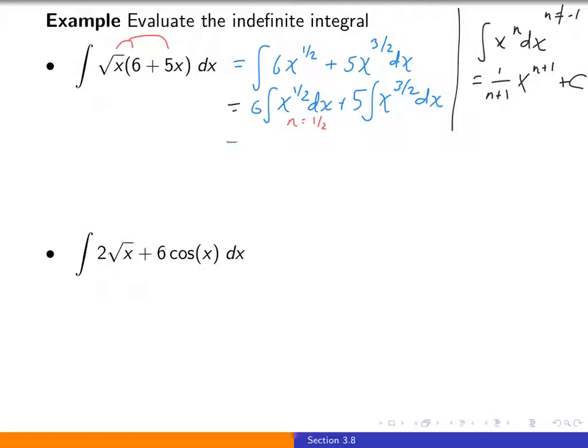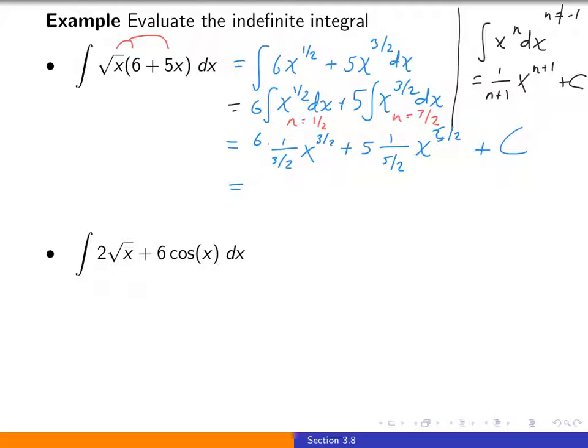So this is going to be 6 times 1 over 3/2 x to the 3/2 plus 5, and let's see here, now n is 3/2. 3/2 plus 1 is 5/2. So 1 over n plus 1, which will be 5/2, x to the n plus 1. So 5/2 plus c.